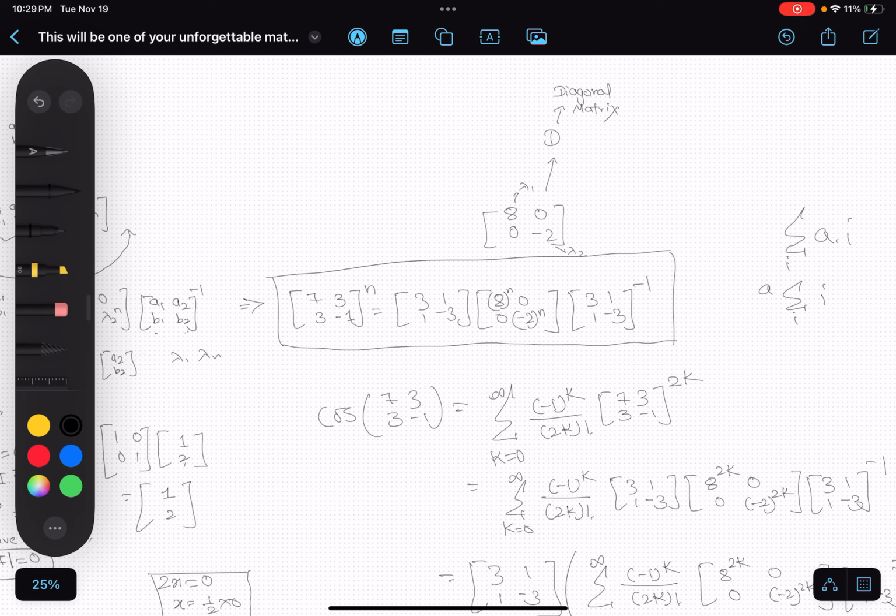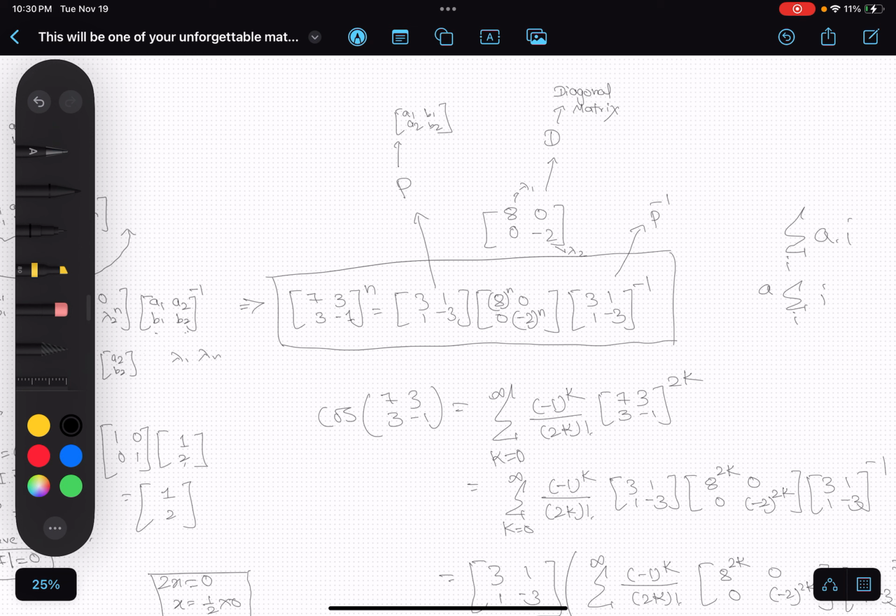And this element, which is just the collection of two eigenvectors, a1 a2 and b1 b2, is usually denoted by P, so this will become P inverse.